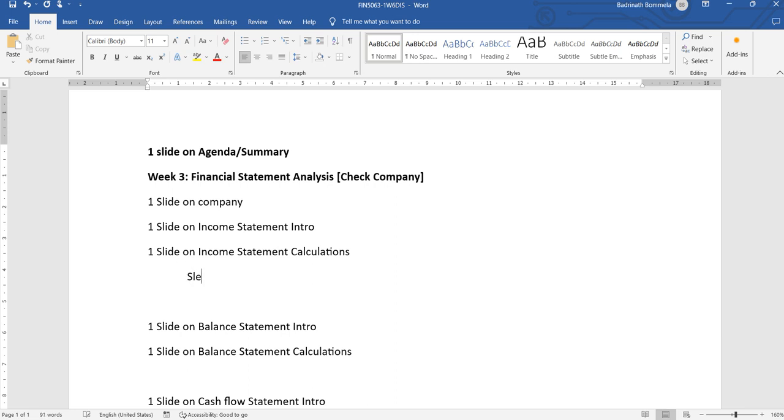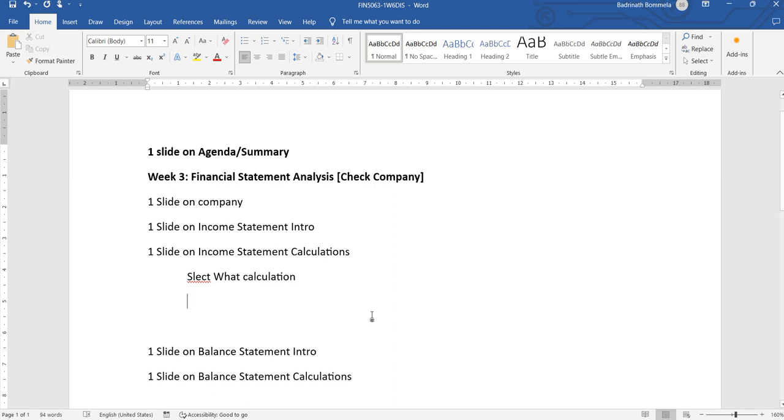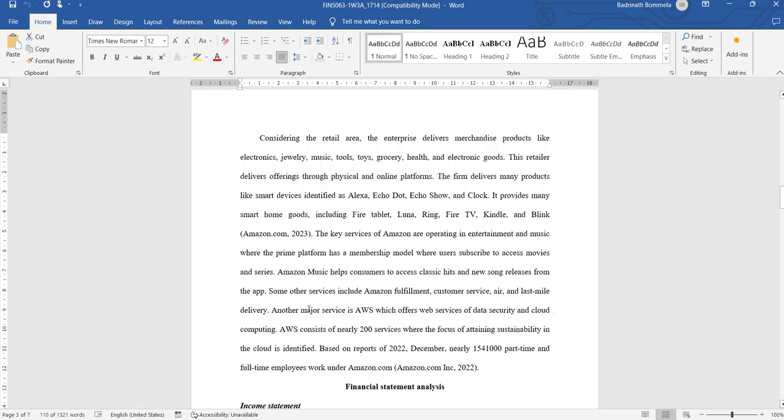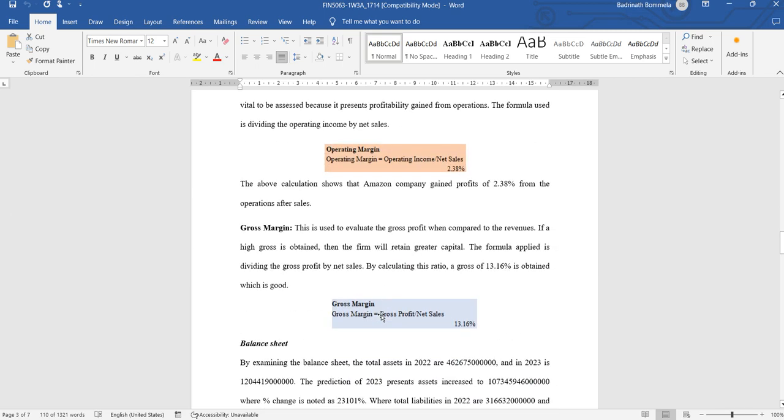As a part of this, select what calculations you made. Maybe we calculated ratios, different types of ratios, for evaluating this. It is already mentioned in the document. If you cross check, see, this is operating margin, gross profit margin. These are the formulas that we have used.